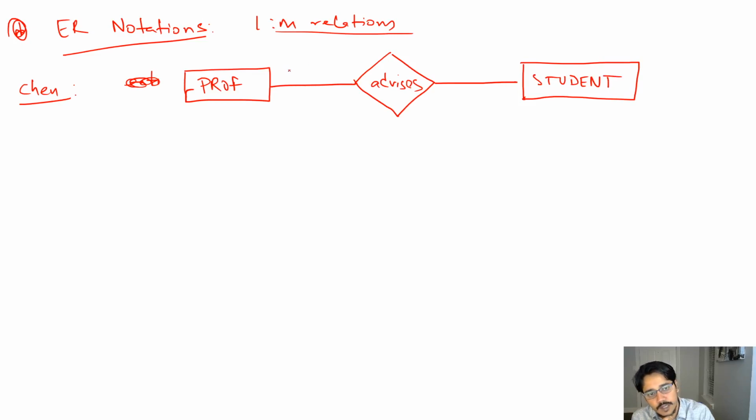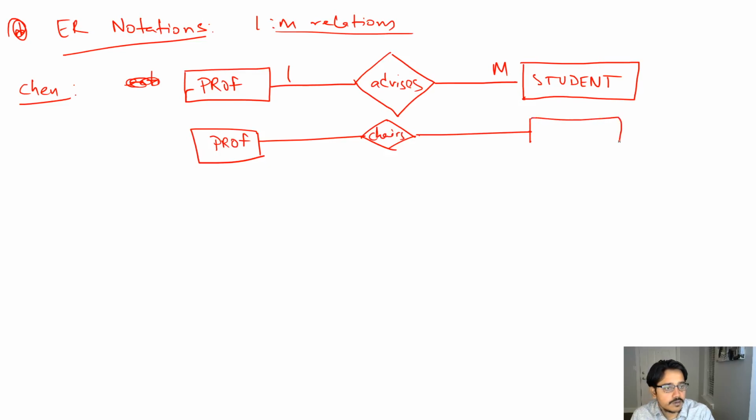And then you have 1 here and then m here. So this is basically an ER notation using the Chen type, the Chen's ER notation. This is a 1:m. Similarly, if you do 1:1, if you have professor chairs a department, this will be an example of 1:m.